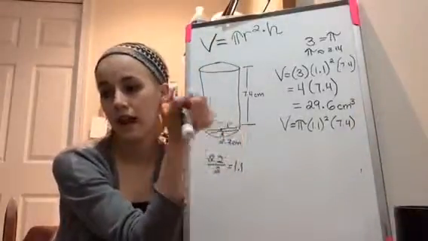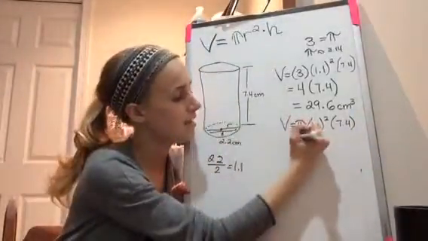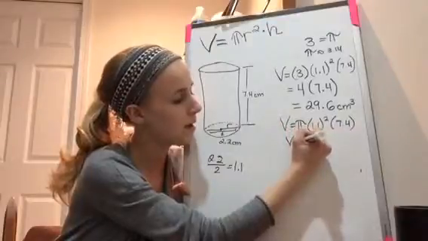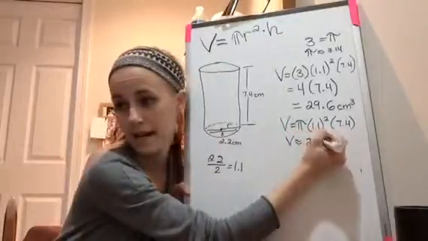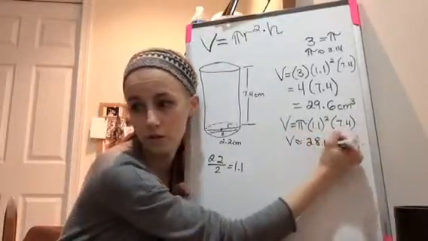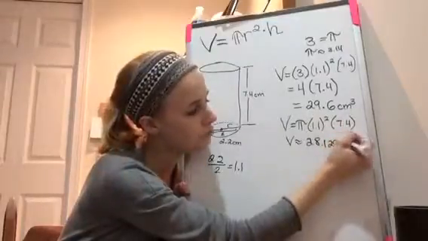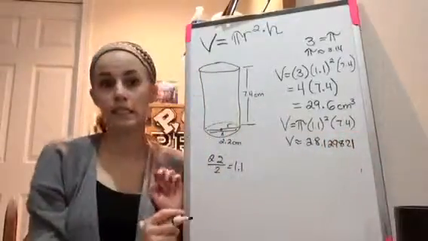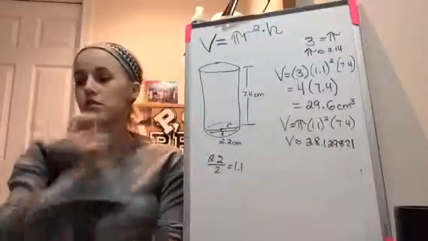When we plug that in, we get V is about 28.129821. Yikes! That's a lot of numbers to write.